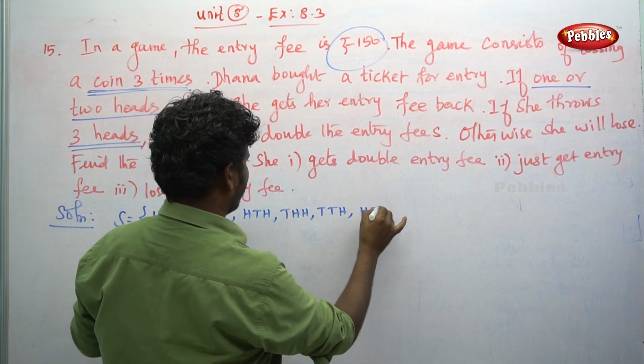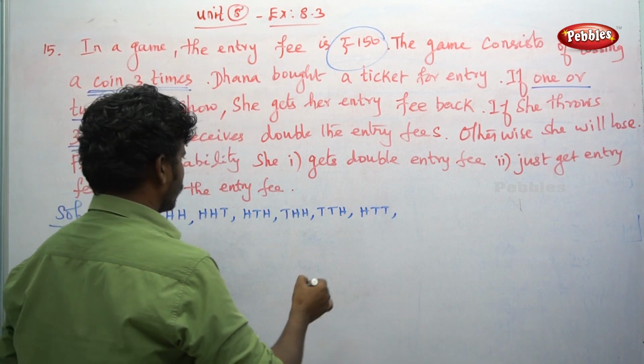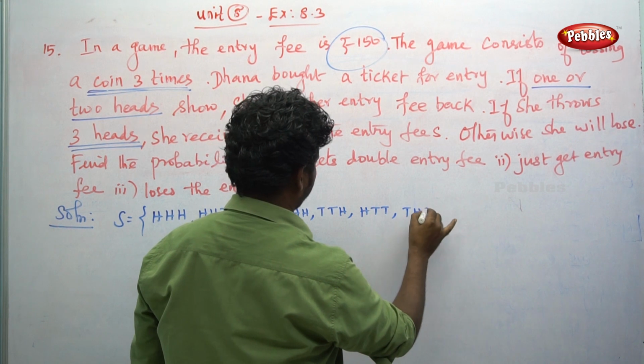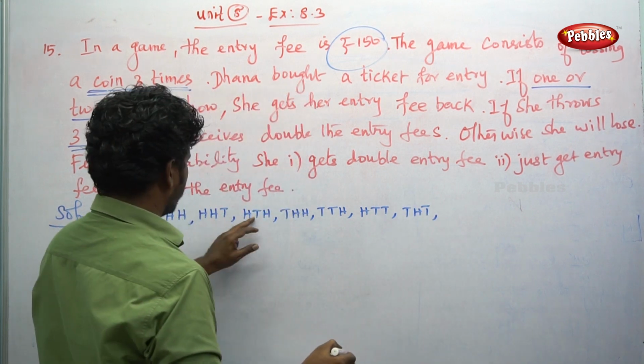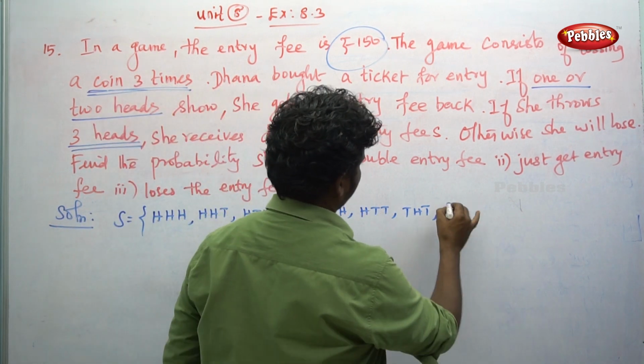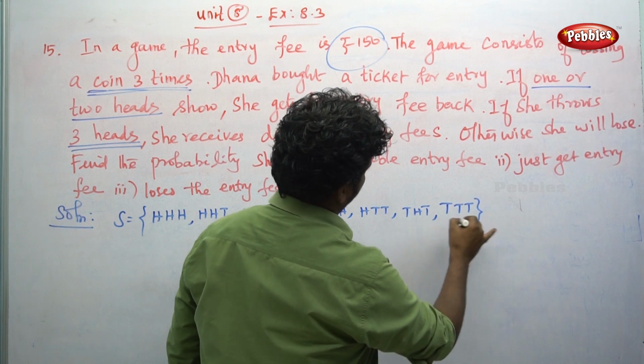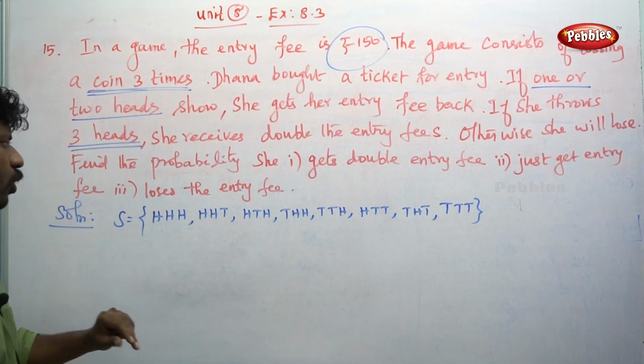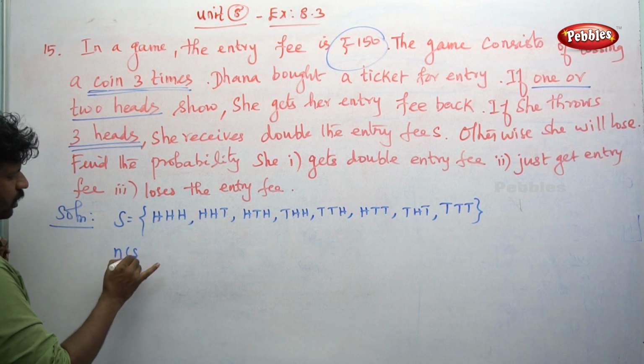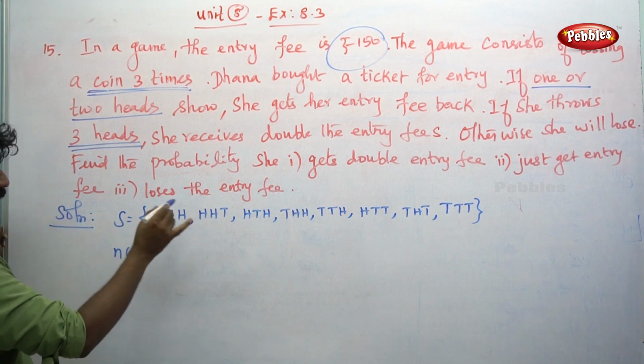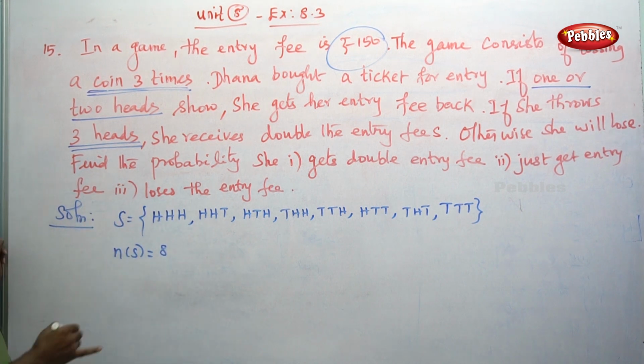And head tail tail, then tail head tail, then 1 2 3 4 5 6 7, then tail tail tail, மூணுமே tail. So 8 வருதான் count பண்ணி எழுதுறோம். ஏதாவது மிஸ் பண்ணால் கண்டுபிடிச்சிடலாம். ஏன்னா 3 coinsக்கு வந்து கண்டிப்பாக number of sample space 8 வரும், right? So n of S equal to 8.